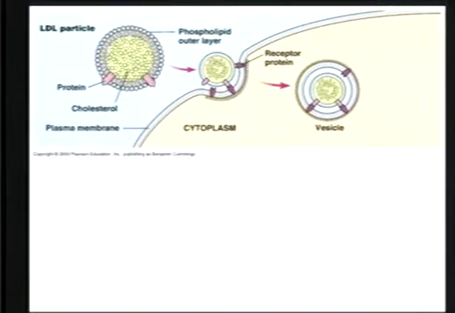It's jam-packed full of cholesterol. Nasty stuff. It's insoluble. That's why it forms plaques in your blood if it gets out. So to protect the circulatory system from this stuff, it's surrounded by a phospholipid outer layer. Right? That makes it interact well with the watery blood that it's flowing through.